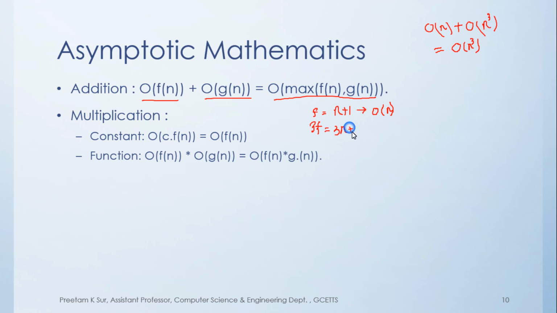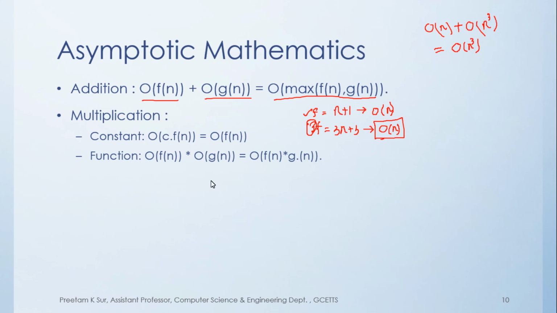Again, if you find the asymptotic upper bound for 3n plus 3, it will remain order of n. So if a function is multiplied by some constant, the asymptotic upper bound of the resultant function will remain the same.